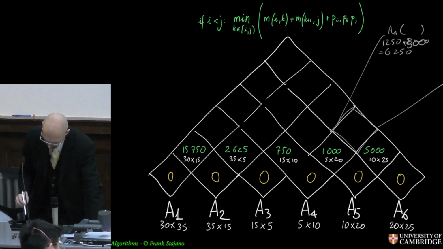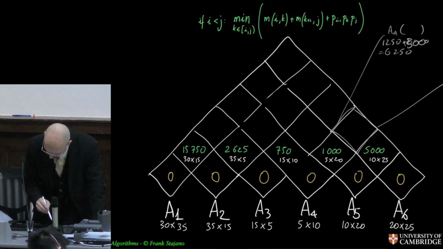Instead, if I do A4, A5 times A6, then A4, A5 is, as I can see here, a 5 by 20 matrix, which I'm going to multiply by this 20 by 25 matrix, so I have to pay 5 times 20 times 25. 5 times 20 is 100, so 2,500.